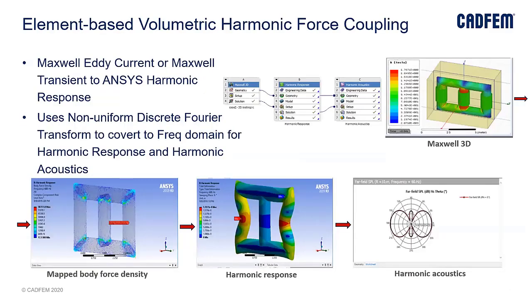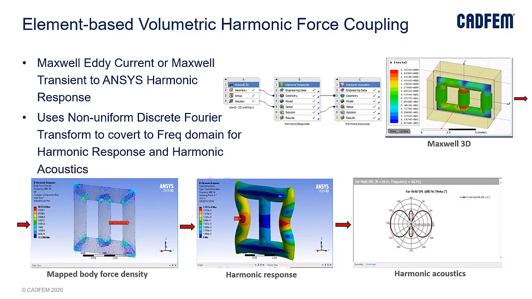And this, I can say, would be the new feature in Ansys, where we can compute the volumetric forces in the electromagnetic solver, either in the eddy current solver or in the Maxwell transient solver, and that will be transferred to the harmonic response, where we can work in the frequency domain.